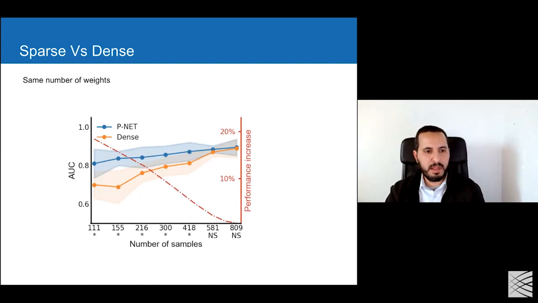We compared the PNET with the dense model with the same number of parameters, with increasing numbers of samples, and we found that when you train both models using a large number of samples, you get similar performance.